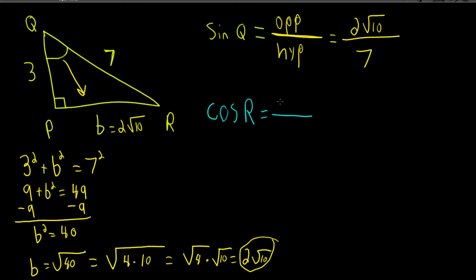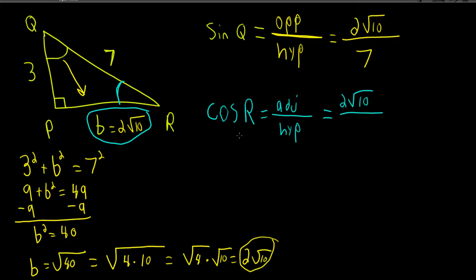Well, cosine of R is the adjacent side over the hypotenuse. So what is the adjacent side of R? R being this angle right here. Adjacent means right next to, but it's not the hypotenuse. Well, the only side you have left over is actually B. B is going to be our adjacent side, so on the top we put 2 square root of 10.